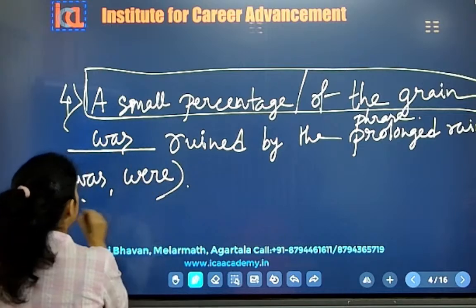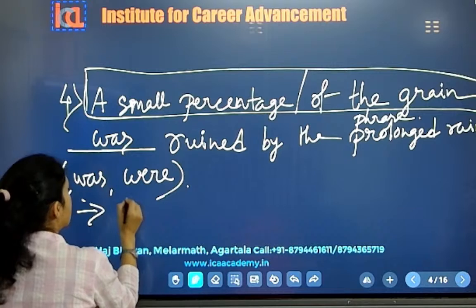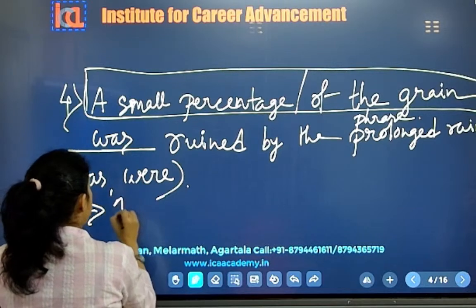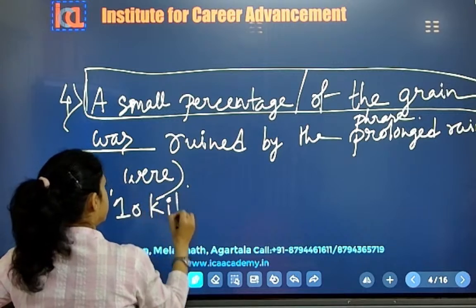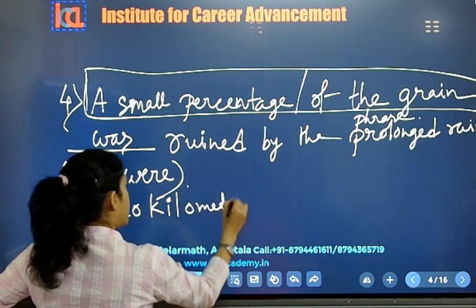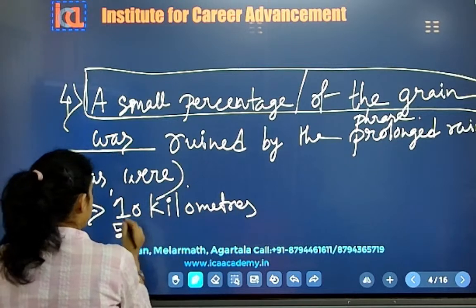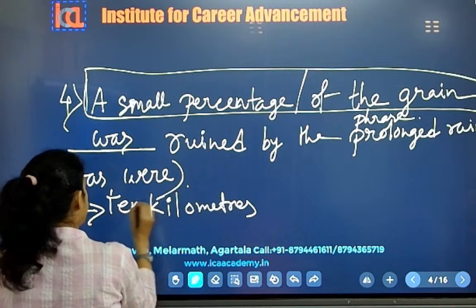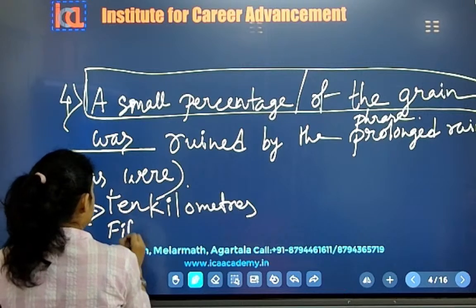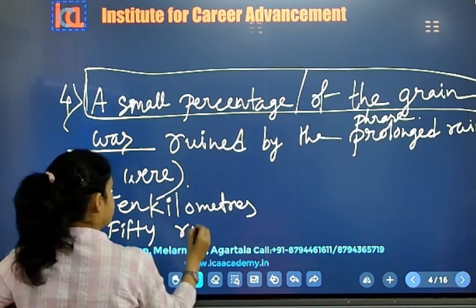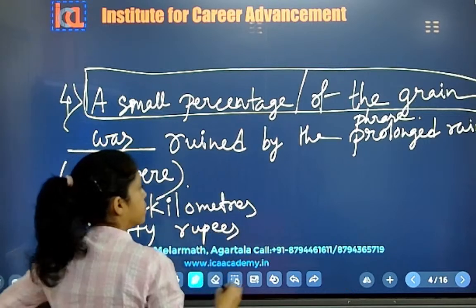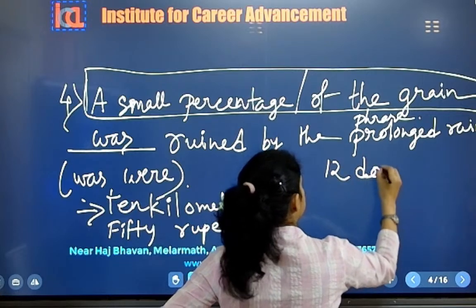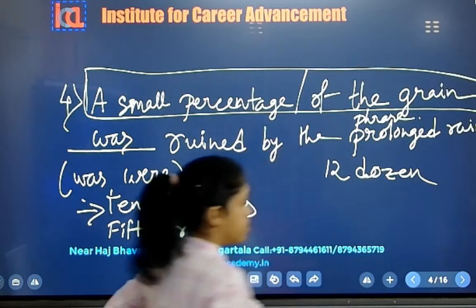Referring to this, I must say that if I say 10 kilometers, 50 rupees, 12 dozen, these are units.